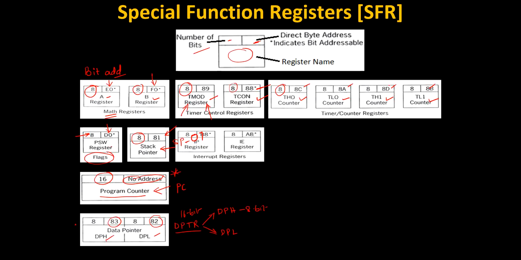Similarly, we have the interrupt registers, which are also bit addressable: the interrupt enable register, IE, and the interrupt priority register. These are all our interrupt registers, all 8-bit.